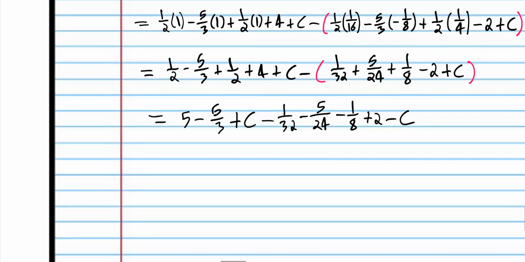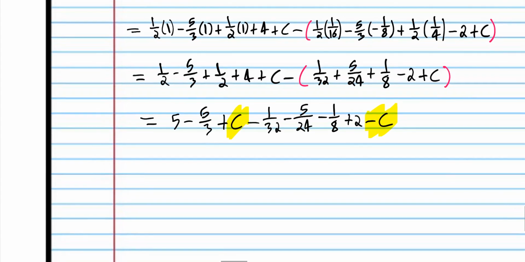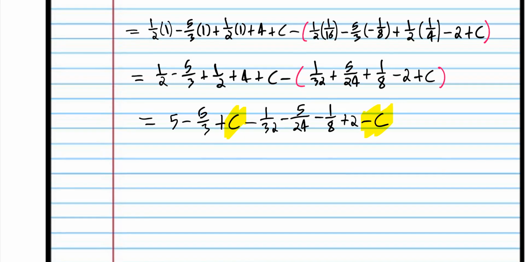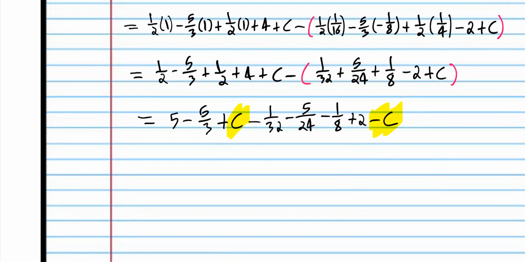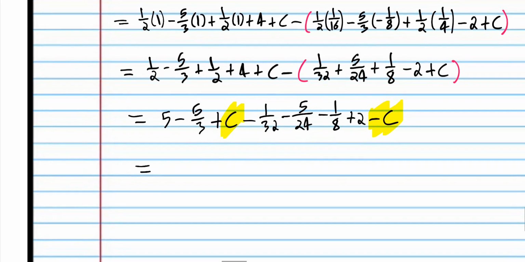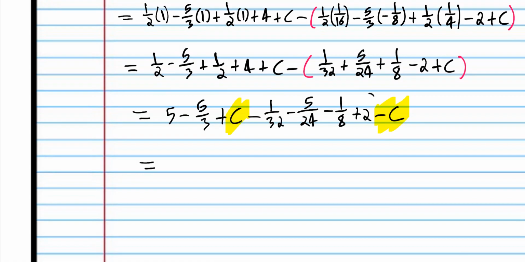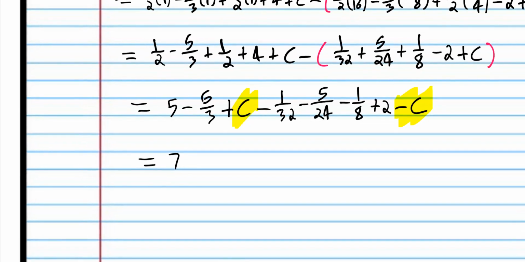And you can see, as usual, the C's are going to cancel out. Again, notice that the C's always cancel out. That's going to be important to understand later. So now we have 2 plus 5 is 7. And I'm going to combine these fractions.